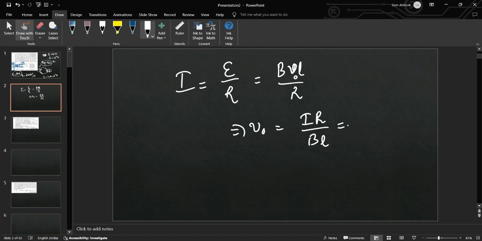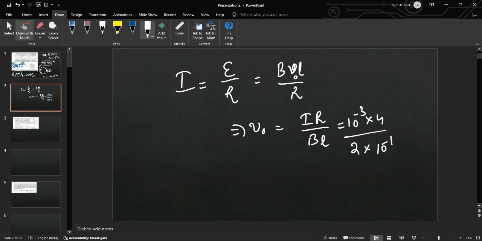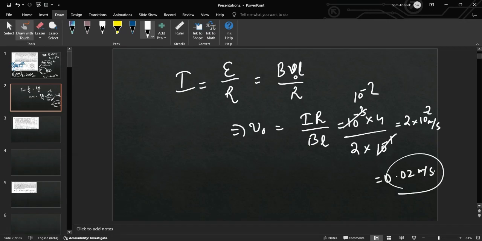Just put all the values: 10 to the minus 3, into R which is 4, divided by B, which is 2, into the length. The length is given in this question as 10 centimeters, so 10 into 10 to the minus 2, that is 10 to the minus 1. So this is 2 into 10 to the minus 2 meter per second, that is 0.02 meter per second. Alright, so this is the answer.